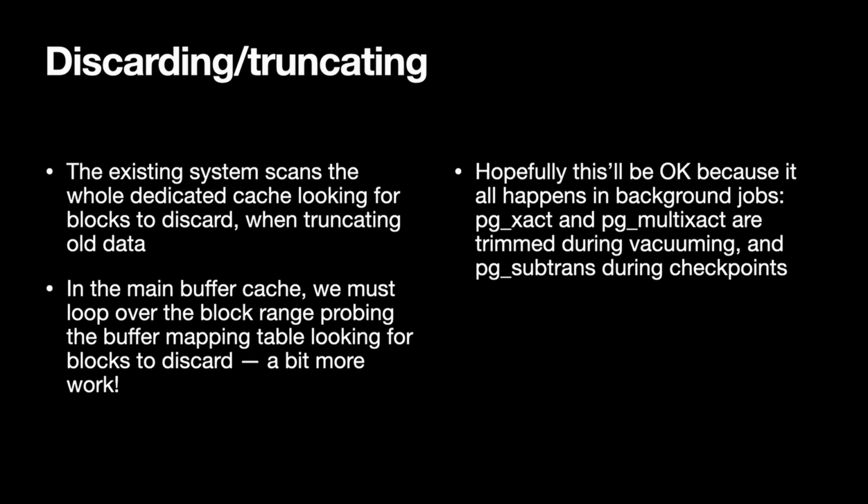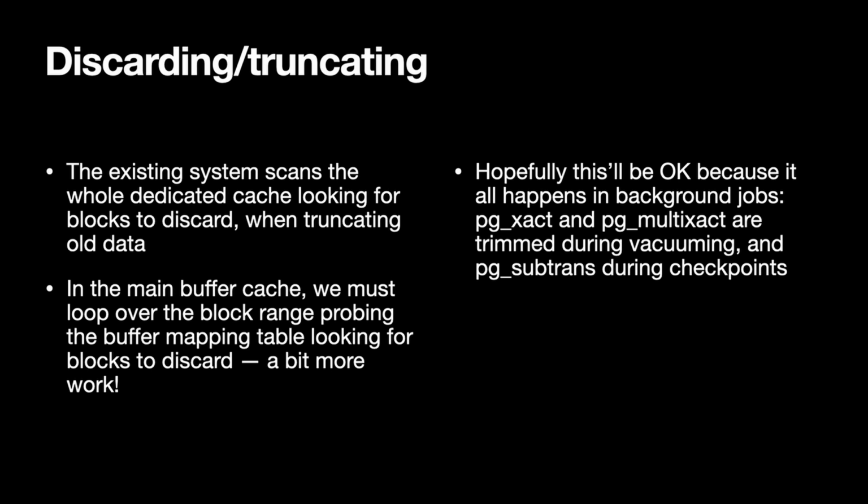So vacuum deciding it can advance the oldest XID in the system and throw out some C-log, or checkpoints deciding that it's time to trim the subtransaction data. That kind of stuff shouldn't be in the way of any user transactions, I think. I haven't got to the bottom of that fully yet, but I think probably that type of discarding is going to be okay. And I think recently in recent Postgres releases, work was done to make dropping tables a little more like that in some cases.